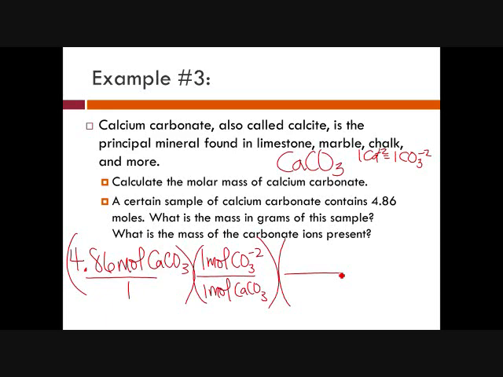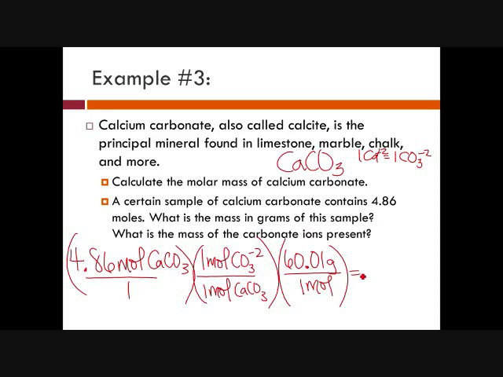So, has anybody figured out what the molar mass of CO3 is? 60.01. That should be 3 oxygens plus a carbon. And again, we're going to put it in the numerator because we want mass at the end, so we're going to multiply by molar mass. And what's that answer?